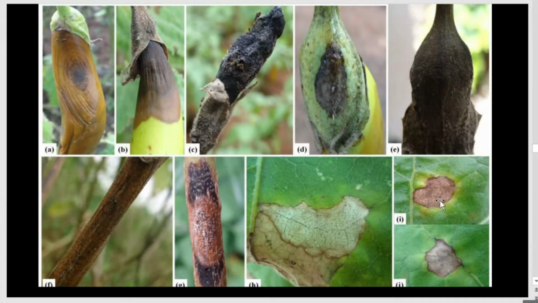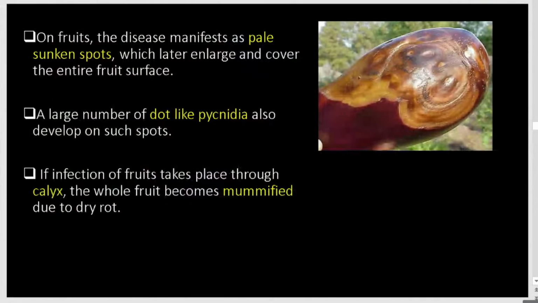You can also see some zonation. There are so many variable symptoms, and it is always affected by environmental conditions and virulence of the isolate of Phomopsis. When there is infection on the calyx, it causes entire rotting of the fruit, and the brinjal fruit remains mummified and attached to the brinjal plant for a long period of time. So this is one of the very important diseases of brinjal.